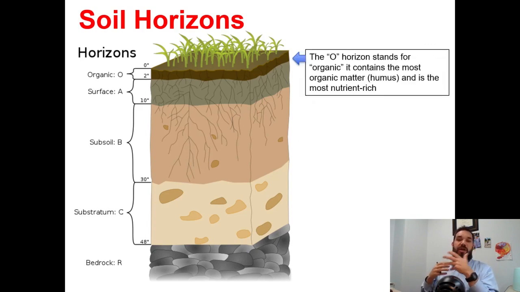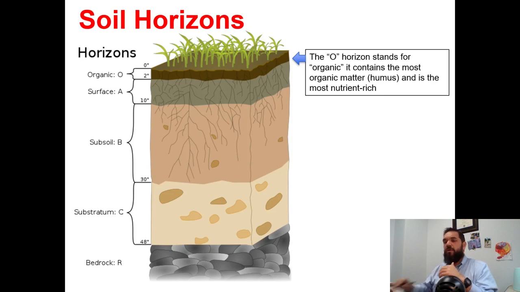O is the top, and it stands for organic. This is the layer that is most fertile, and it contains a lot of organic matter, what is otherwise called humus, and that is the most nutrient-rich horizon. That's the horizon that's going to support all the plant life.